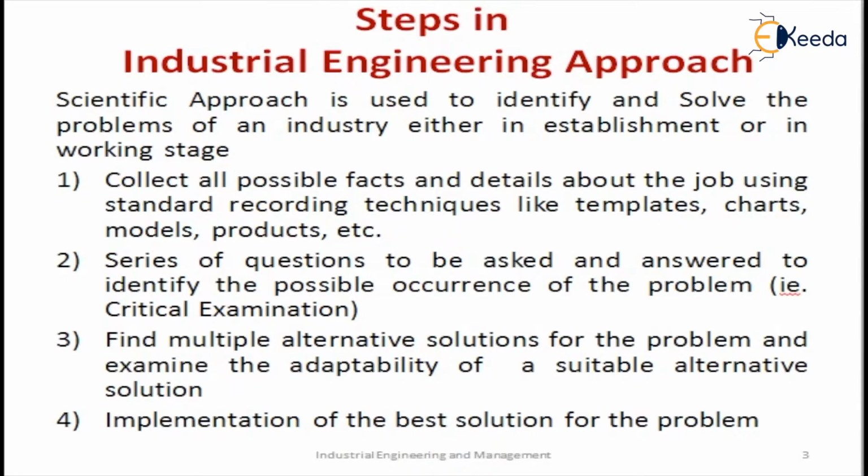Say, for example, a person who is working is not able to do that particular work and we don't have an extra laborer in the industry presently, and this product has to be made in a day. This is a problem now. What happens is there is a scientific approach called production planning.